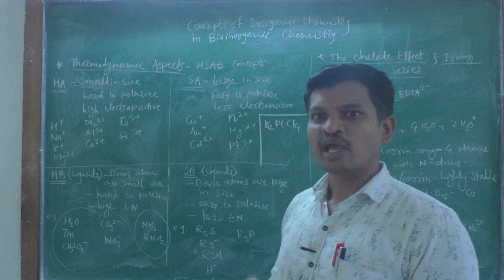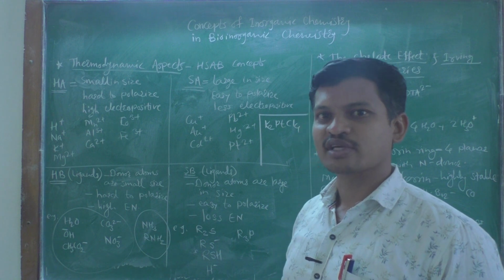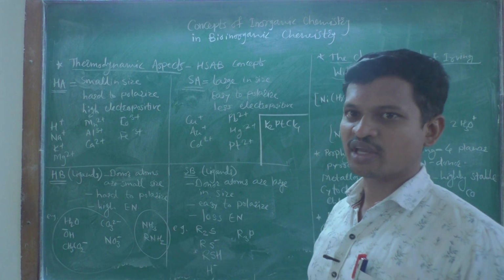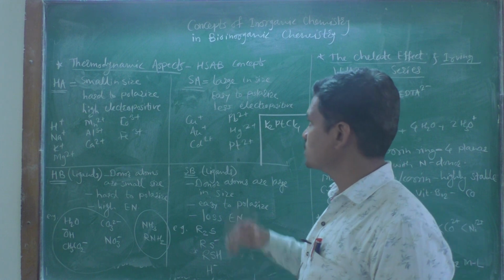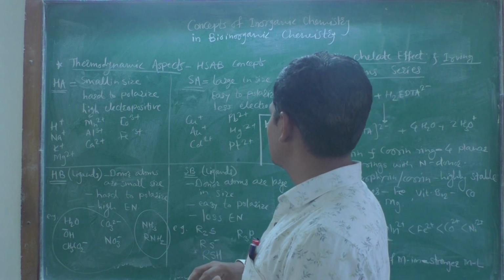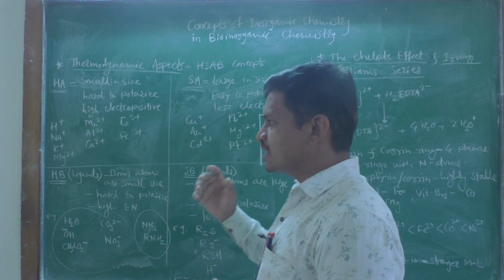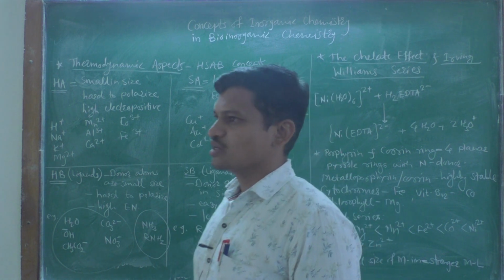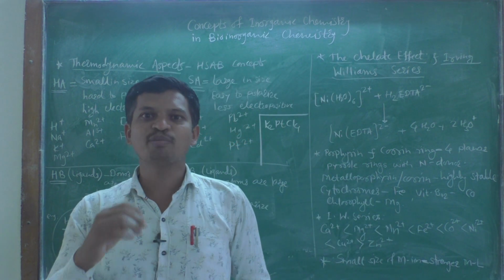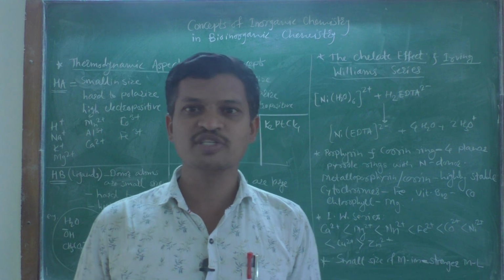Now the application of this HSAB concept in bio-inorganic chemistry, that we have to learn here. The HSAB concept is based on the HSAB principle. And what is this HSAB principle?